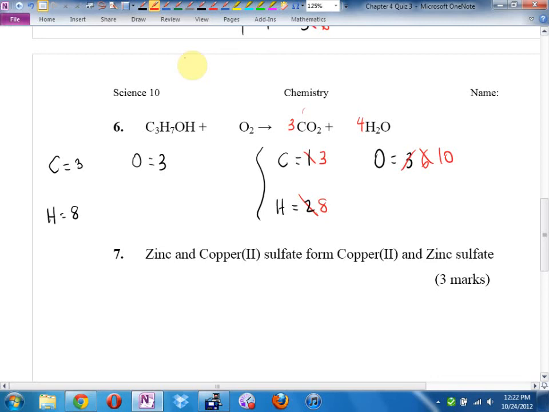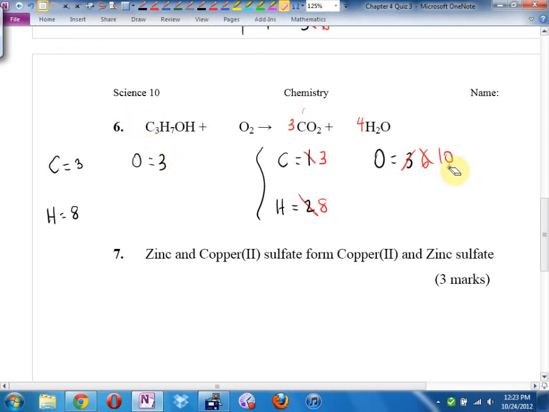Well, 3 and 10, what number do they go into evenly? I heard someone say it. 30. Let's try 30. That's going to mean multiplying this by 10. Sorry, not multiplying that by 10. Let's erase that for a second.